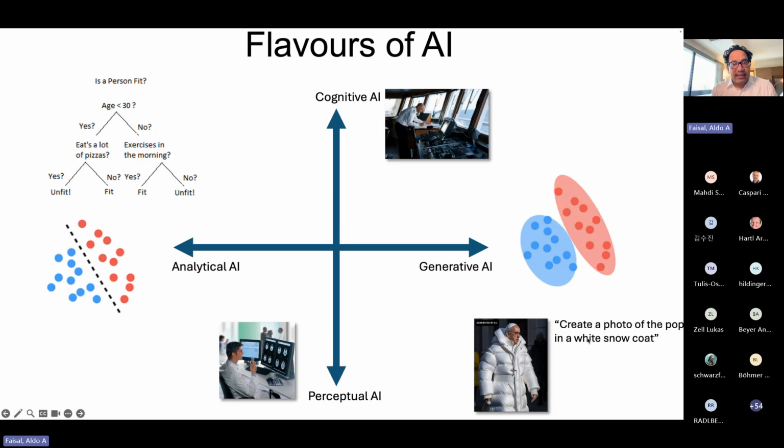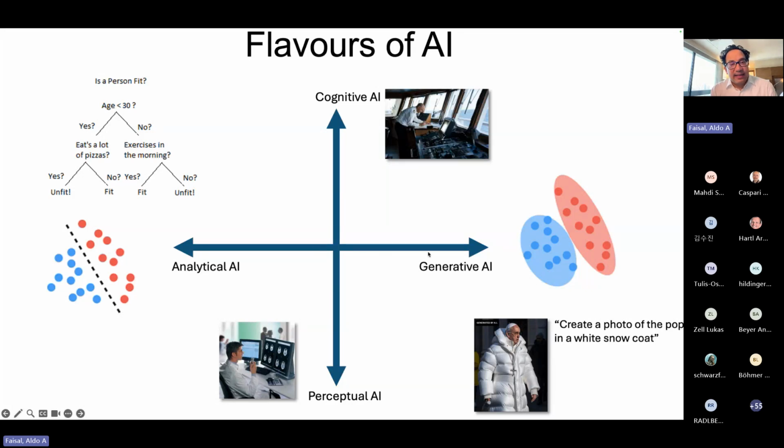And so a classic example here is, for example, create a photograph of the Pope in a white snow coat. And although our Pope never wore these clothes, you get a life picture of him. So this is the power of generative AI, that it can create answers that it has never seen before, examples that it was never given before.